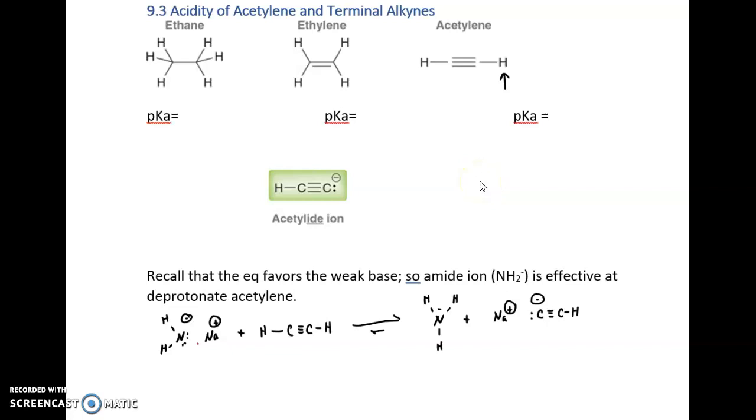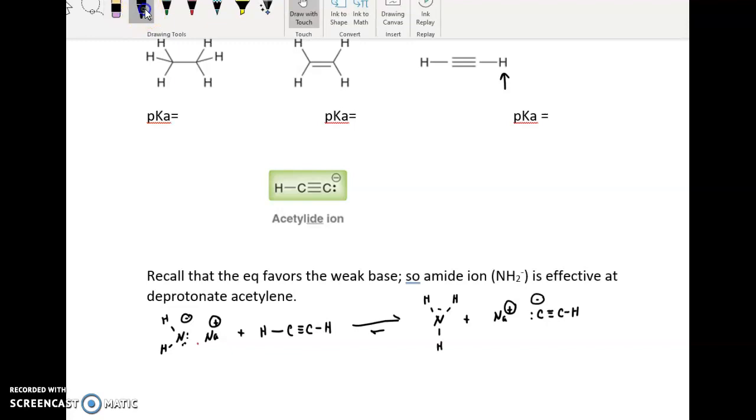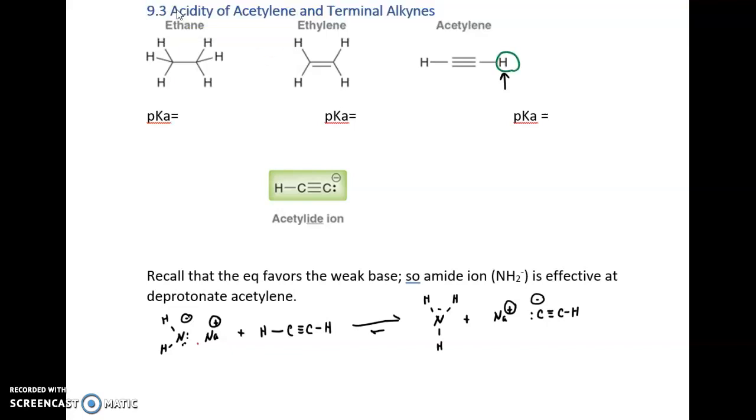So let's look at the acidity of acetylene and terminal alkynes. We're looking at this hydrogen right here. Let's do a nice green color. That hydrogen right there has a pKa of 25.